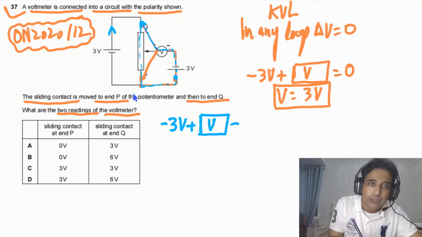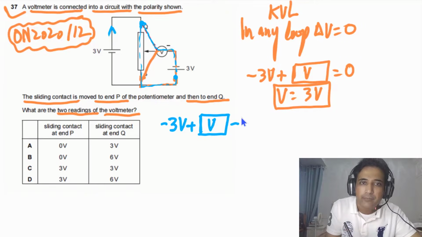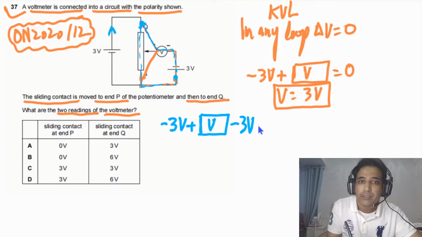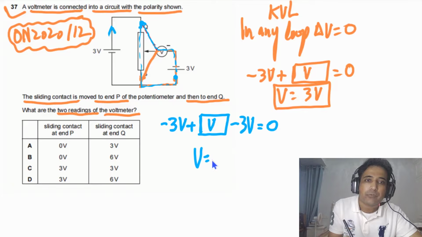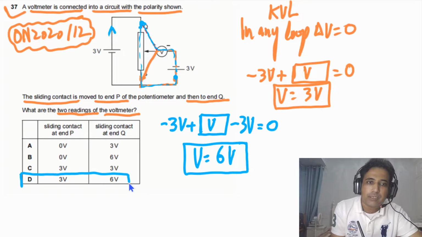It means the potential will decrease, so the change in PD will be negative. The potential drop across this resistor is equal to 3 volts, so this is minus 3 volts, and the sum has to be equal to 0. So V, the reading on the voltmeter, will be equal to 6 volts. So the answer for this question has to be D.